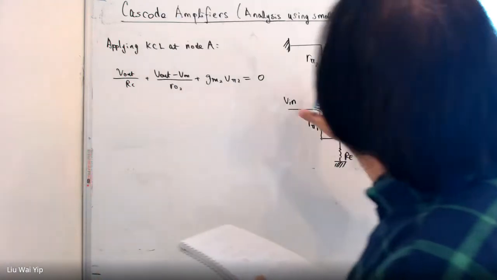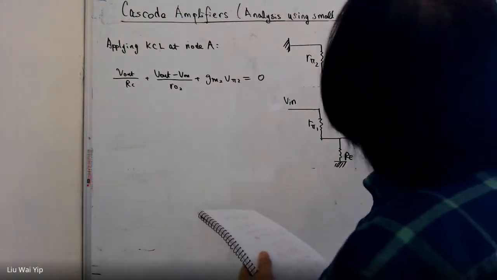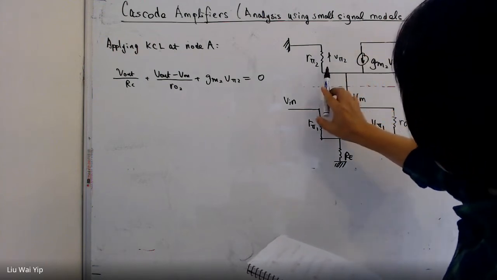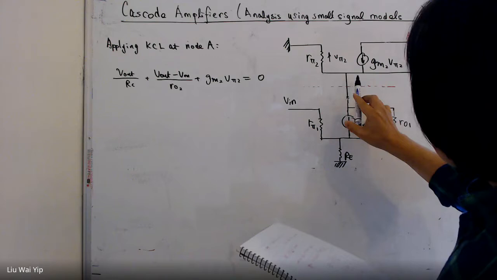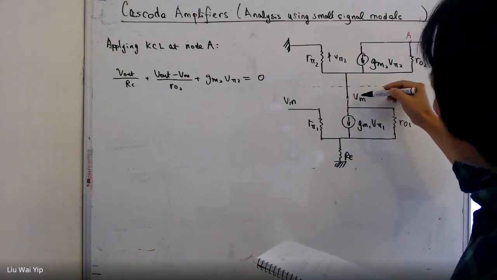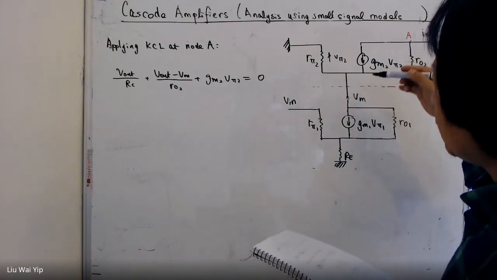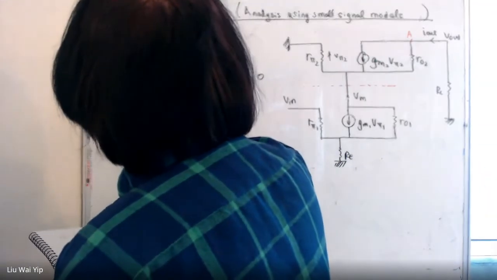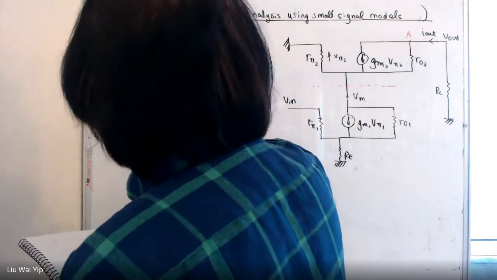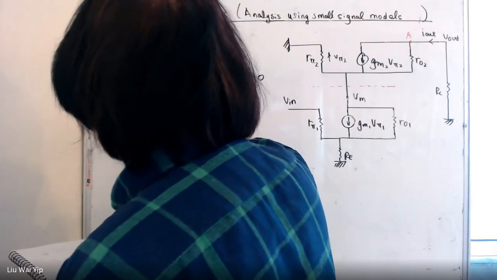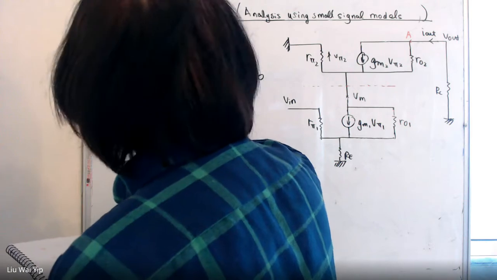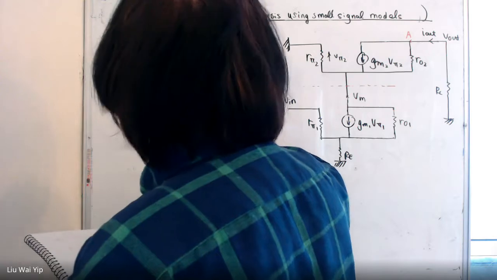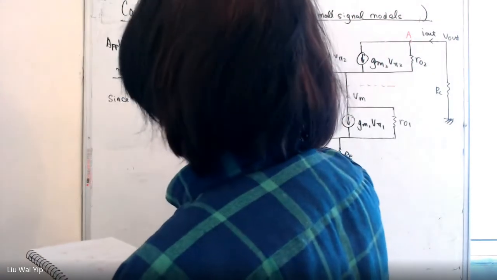And do not forget that V pi, which is the V pi 2, is the voltage across R pi 2 here. And just based on direct inspection, it is actually equal to minus Vm. So V pi is equal to minus Vm. So we can rewrite this equation.